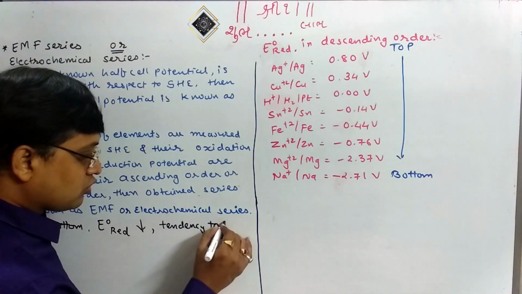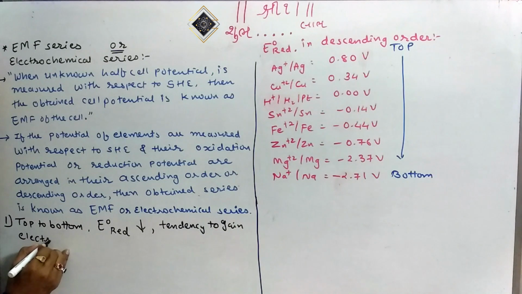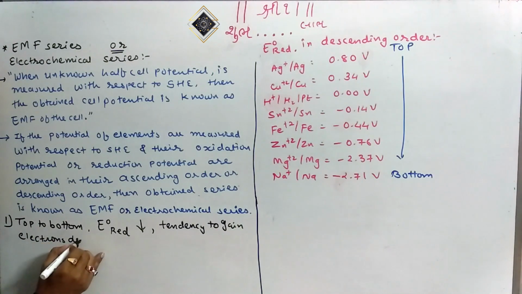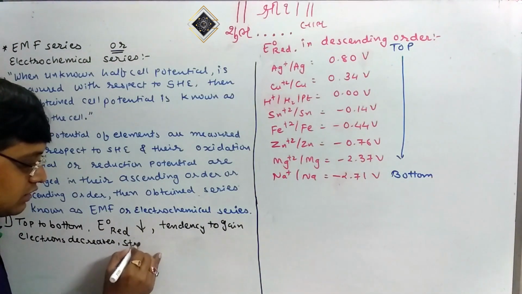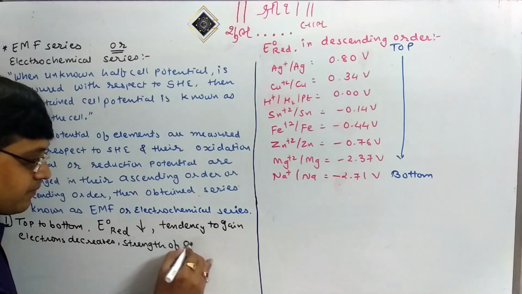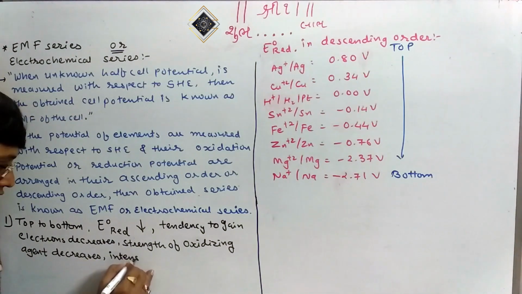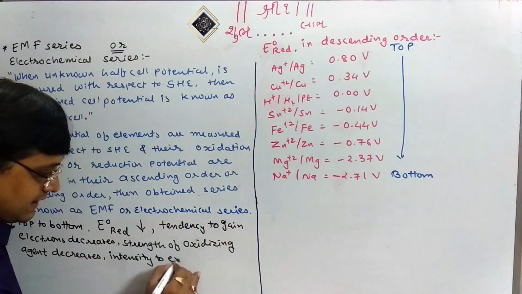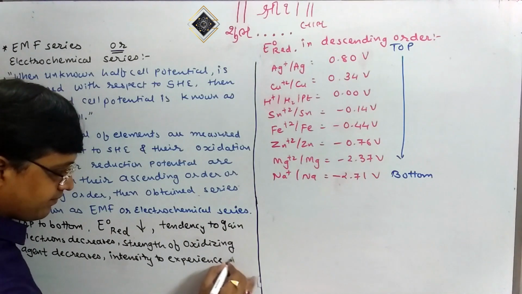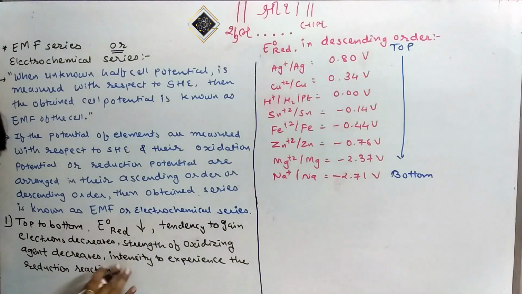So reduction potential decreases, tendency to gain electron decreases, strength of oxidizing agent decreases, intensity to experience the reduction reaction decreases.